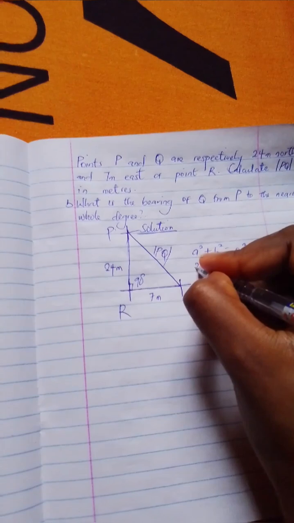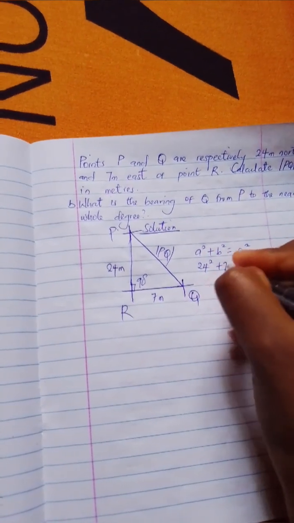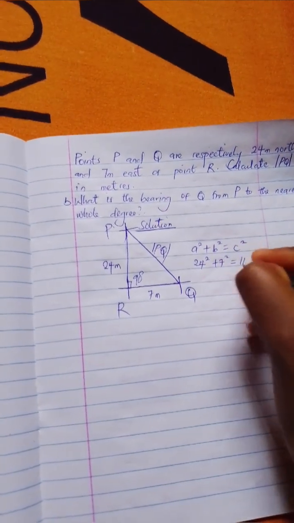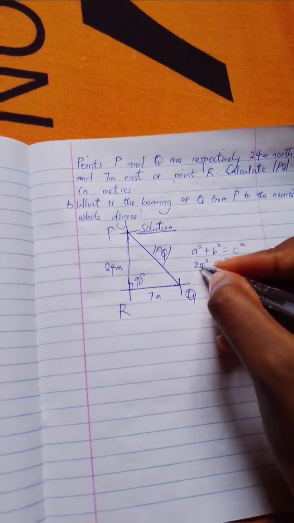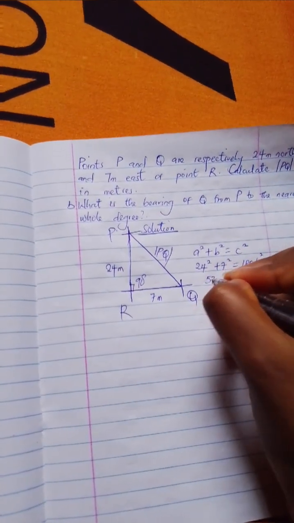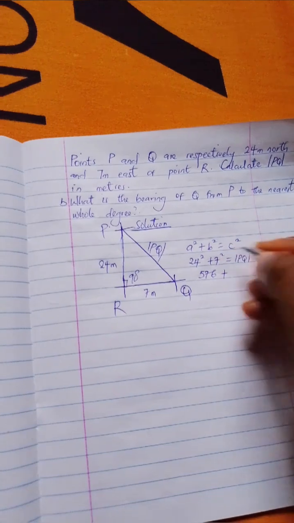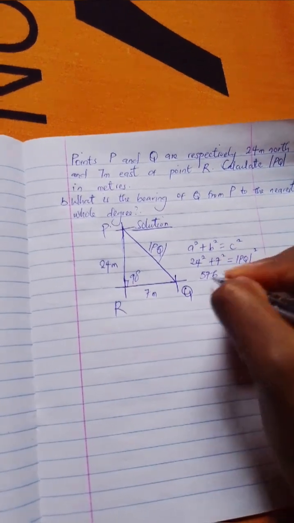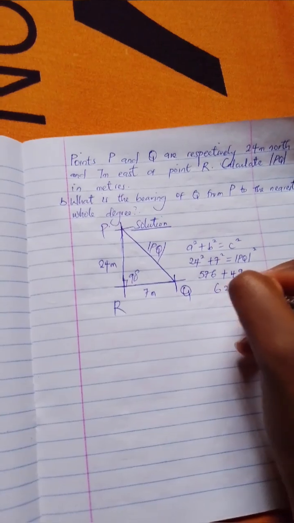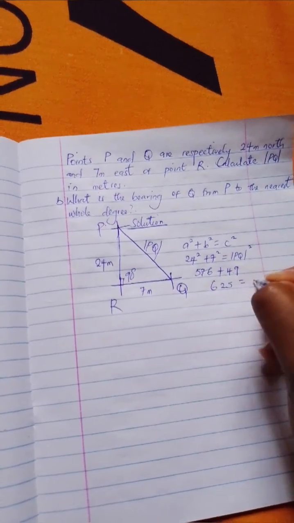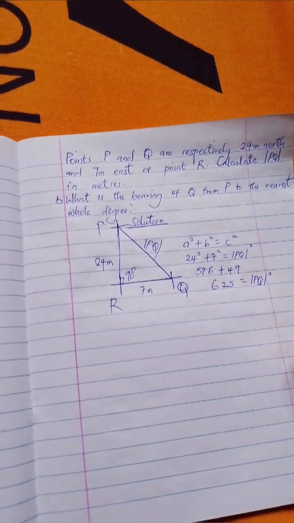So I'm going to be having 24 squared plus 7 squared is going to be equal to line segment PQ squared. My 24 squared is 576 plus 7 squared, which is 49. 576 plus 49 is equal to 625. So 625 is equal to line segment PQ squared.